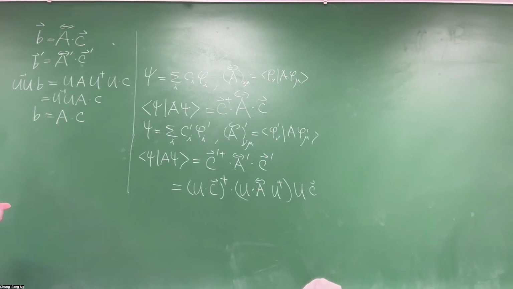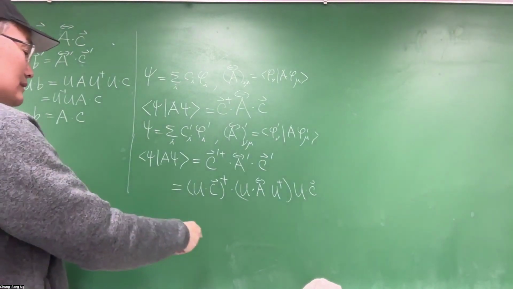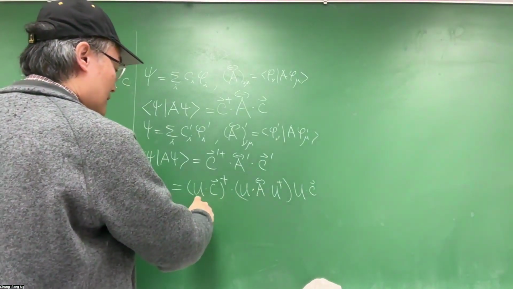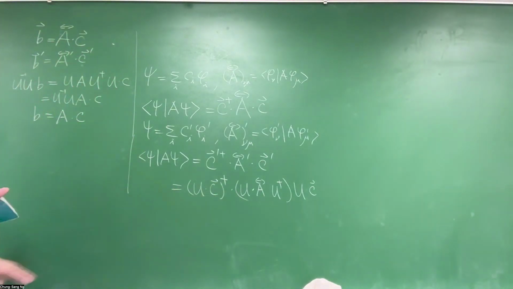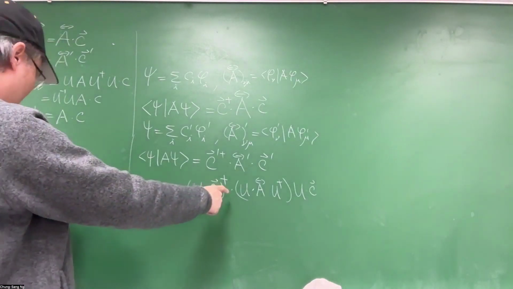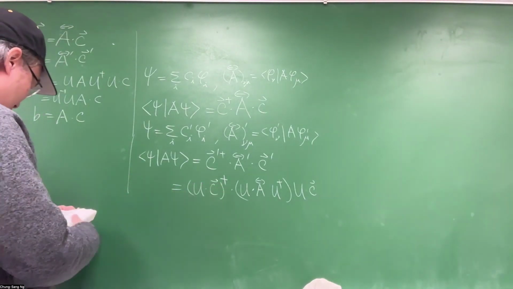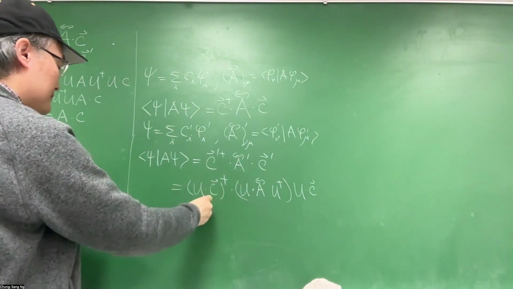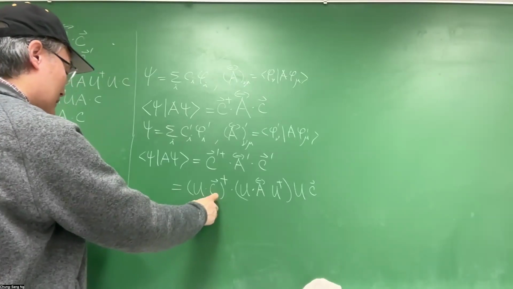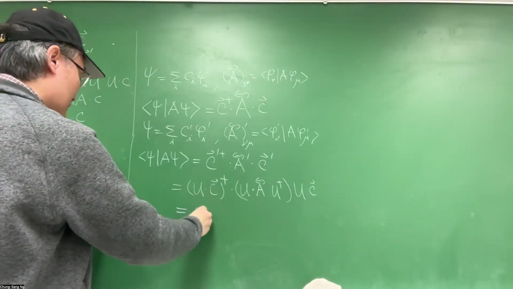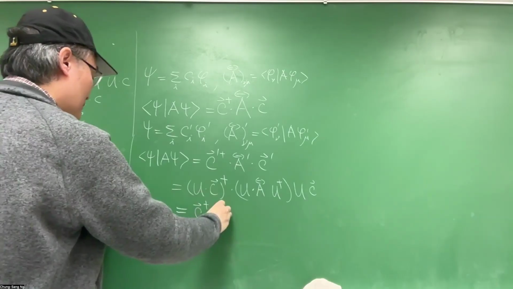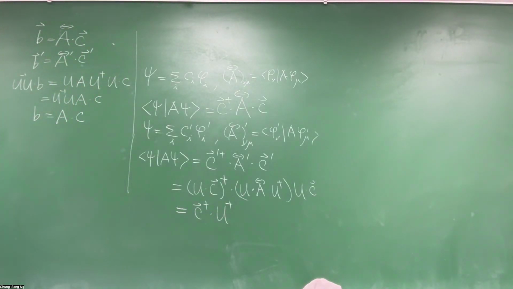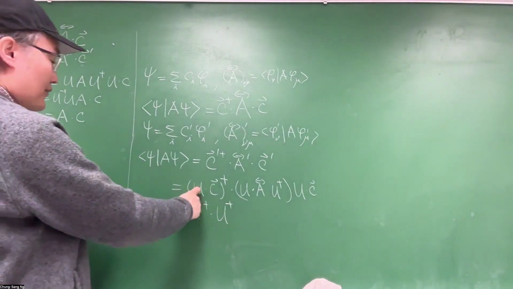And then we use the property that this is a transpose complex conjugate, right? So we can use the property that this is like the C transpose dot into U transpose. Right? That's just how you do the transpose of this product.